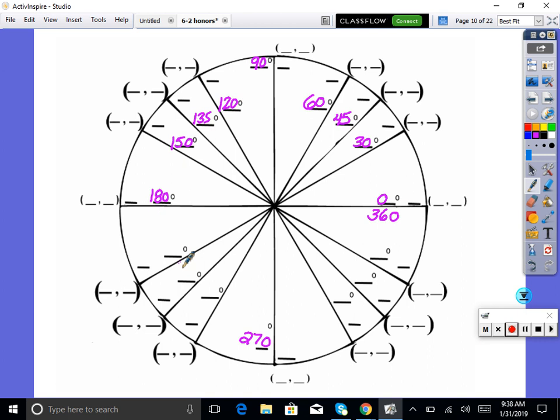And then same thing, add 30, add 15, add 15, add 30, and done. Not done, but done to there. Okay. Add 30, add 15, add 15, and then add 30. So the degrees fill in really nicely.